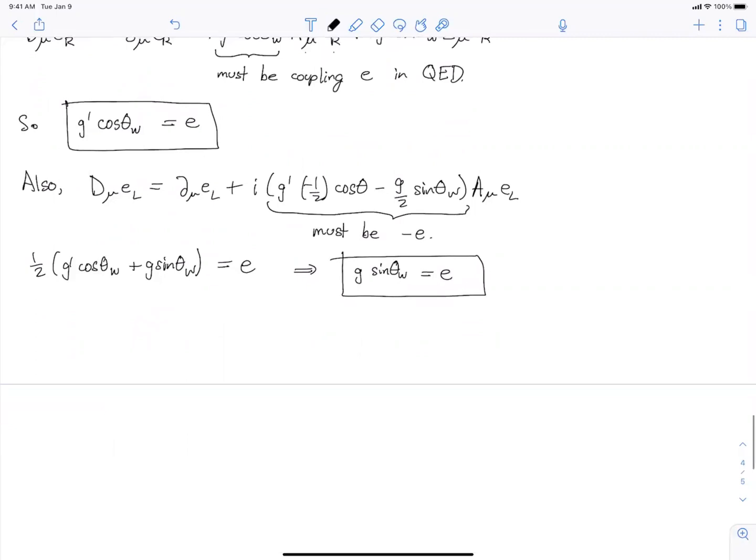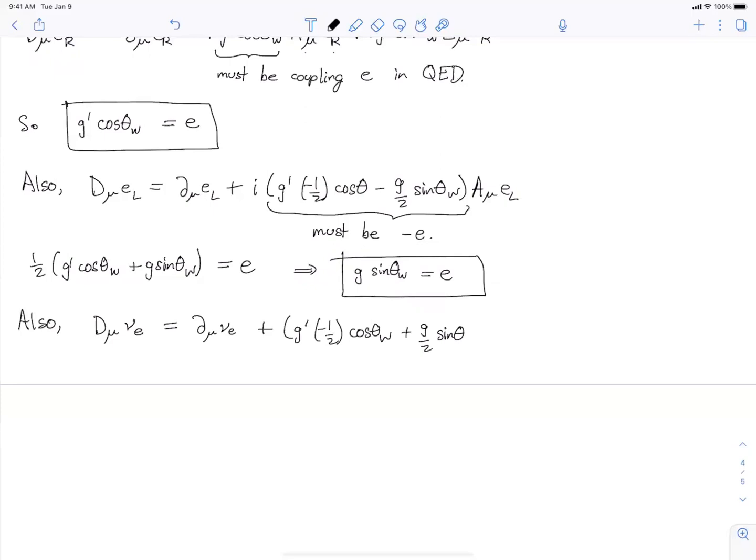So as a check, maybe we should do the neutrino too. So also, we can look at d mu acting on the neutrino state. So let's see what its coupling to the photon is. So this time the terms in the covariant derivative look like this. I'm just writing down the part of it, again, that has A mu in it, because that's the photon field.